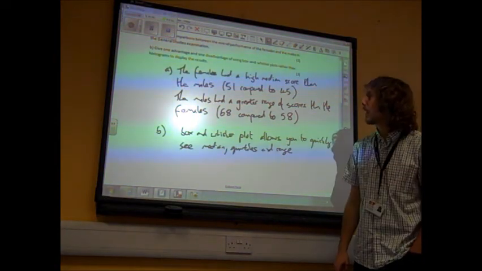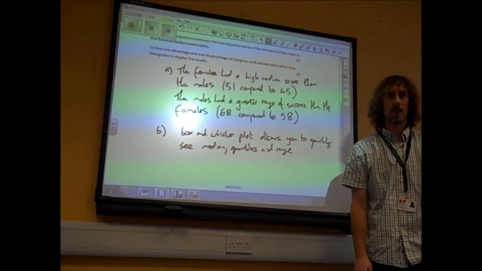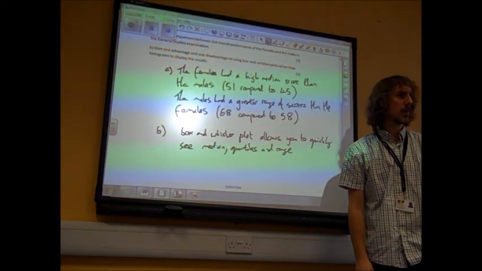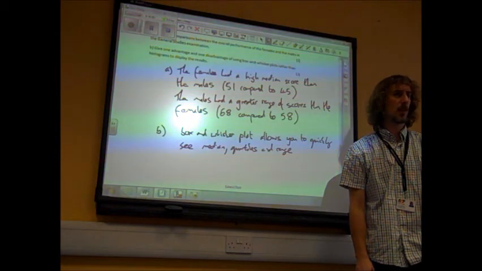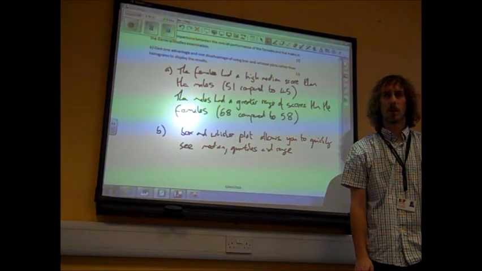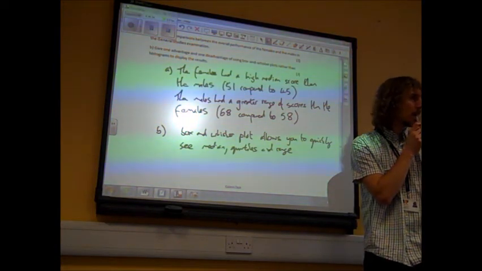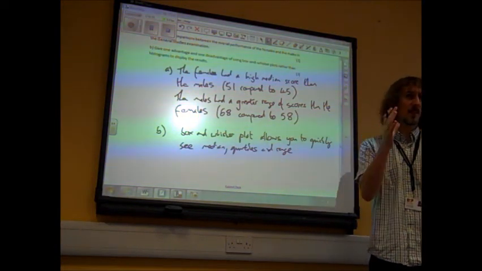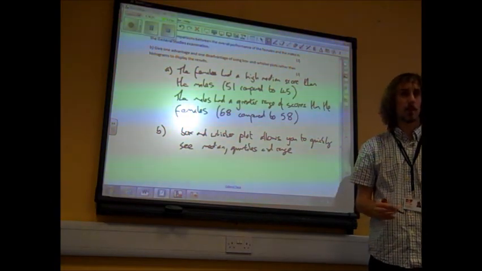What about a disadvantage of a box and whisker plot? Advantage of a histogram. What does a histogram do that a box and whisker plot doesn't in the same way? Can't see the frequency. Okay, that it allows us to see more detail about the frequencies within the distribution.